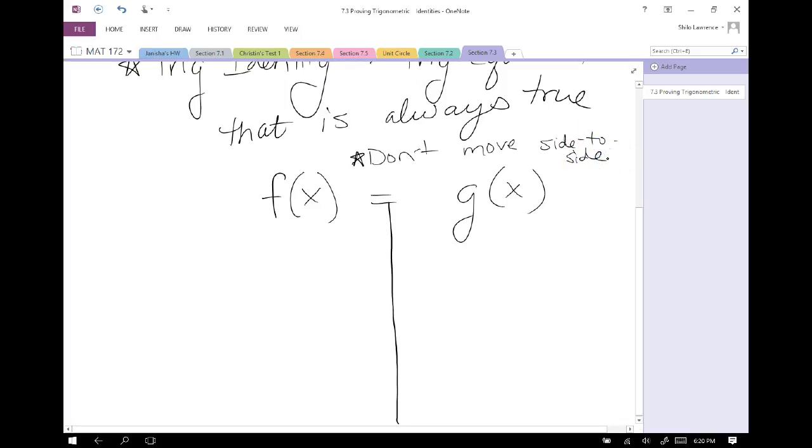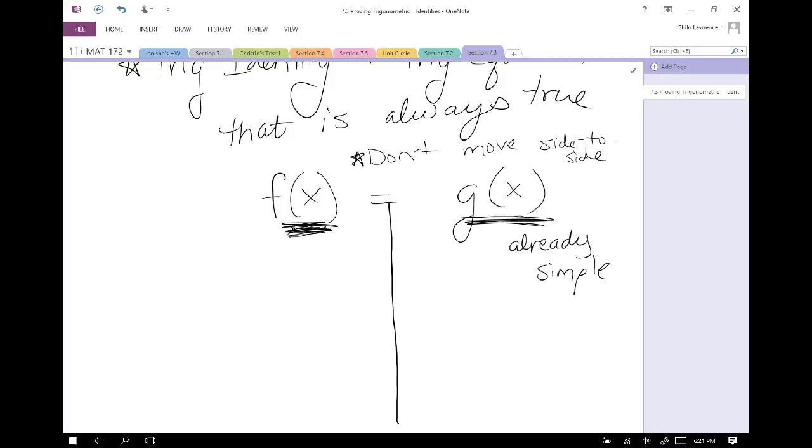What you can do, though, is sometimes one of these is pretty simple. So let's say g is already a fairly simple expression, but f is pretty complicated. Usually, whichever expression is more complicated, that's going to be the expression that we can do more manipulating with. It's going to be the one that we can use more trig identities to do more massaging and more playing with.